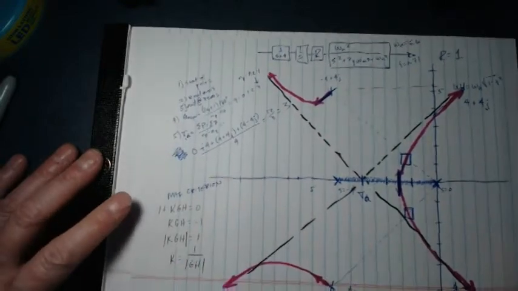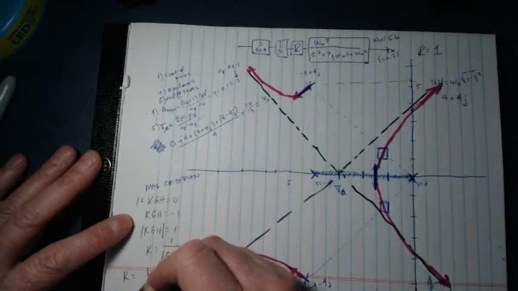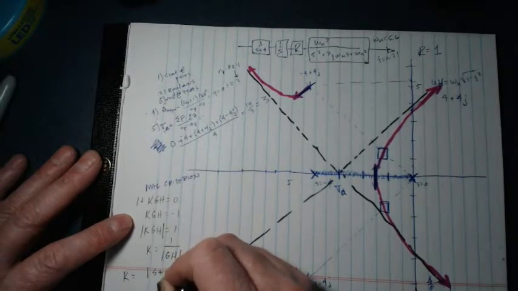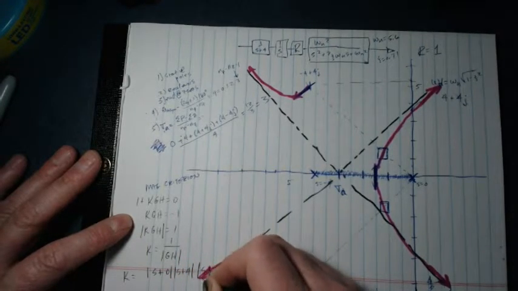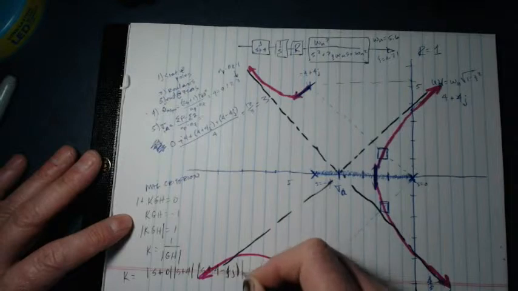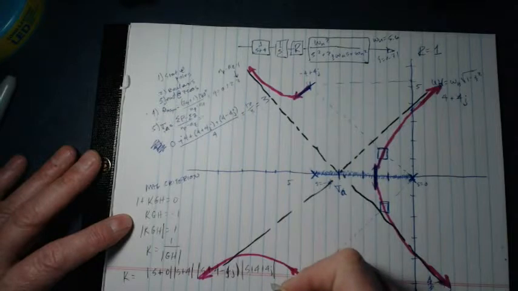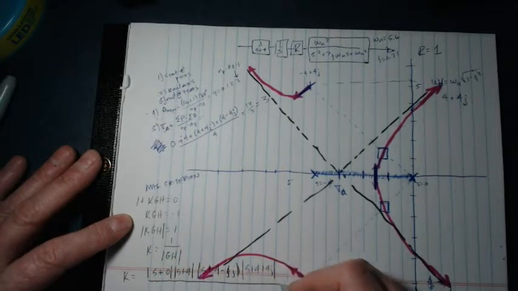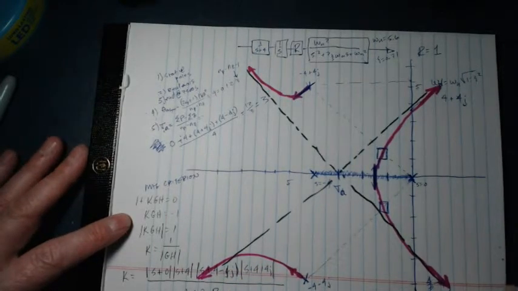And what we can do is just break this GH into its components. K is equal to 1 over the magnitude of s plus 0, magnitude of s plus 4, magnitude of s plus 4 minus 4j, magnitude of s plus 4 plus 4j. Now I don't want to forget these other things here because I have an omega n squared here and I have an r here. And if I want to find out what the magnitude of those pieces are, I'm going to draw those in.